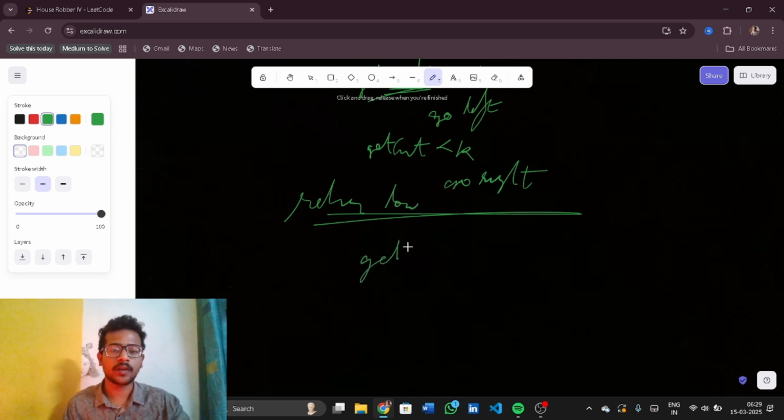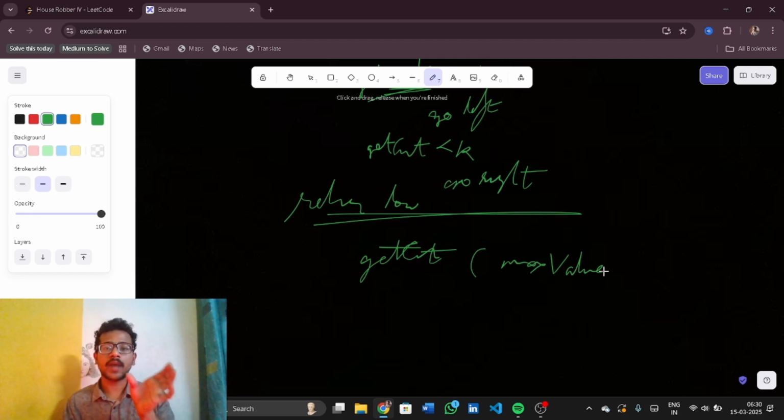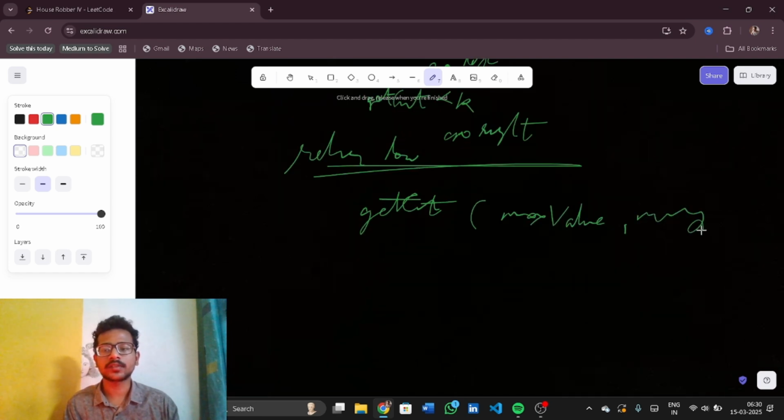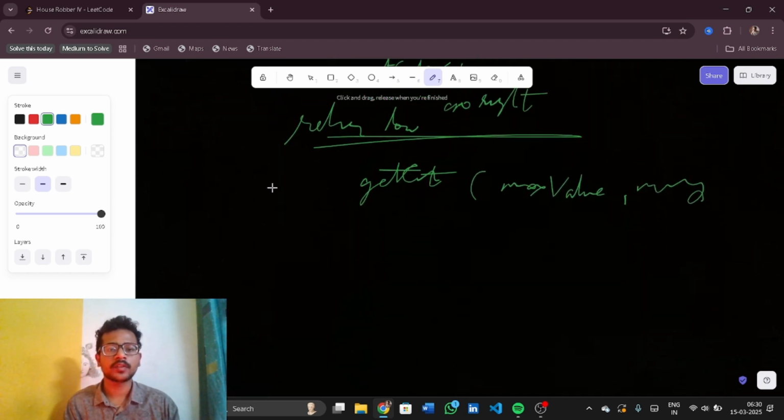Now, here I have the get count function. In this function, I will be having a mid value. Instead, I'll call it the maximum value. As I said, this would be the maximum dollars that I can rob from a house. I also pass nums with this, so this will return the count.